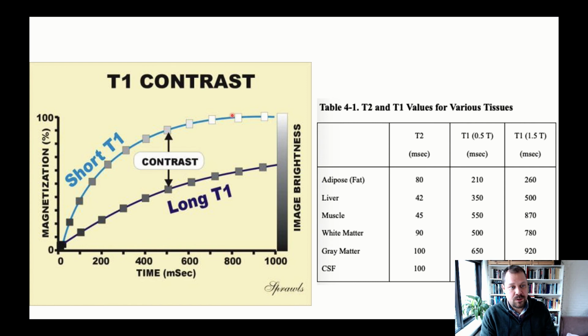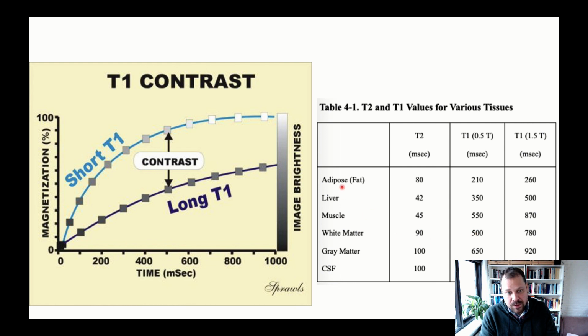Here's another illustration of this, with tissue types that have short T1 recovery rates and tissue types that have long T1 recovery rates. Those are the ones that contain less water, and those are the ones that contain more water. And you can see that there is a difference in recovery time between gray matter, which takes a little bit longer and therefore has more water, and white matter, which takes a little bit less long.